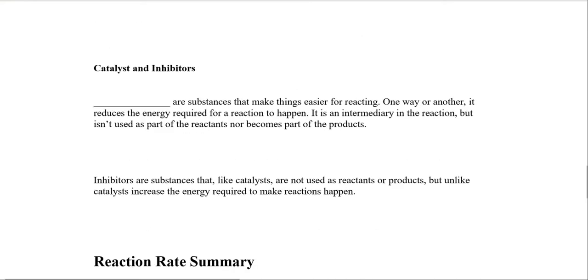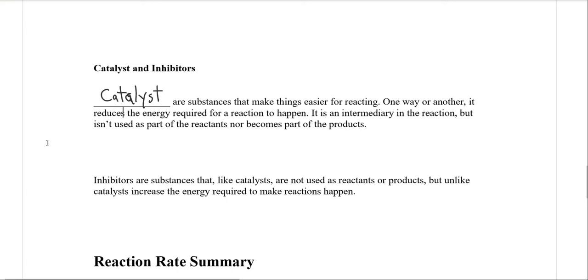The last factor affecting reaction rates that we're going to talk about are catalysts and inhibitors. A catalyst is a substance that makes things easier for reacting. It, one way or another, reduces the energy required for a reaction to happen. It is an intermediary, is the name for it, and an intermediary actually is not part of the chemical reaction.